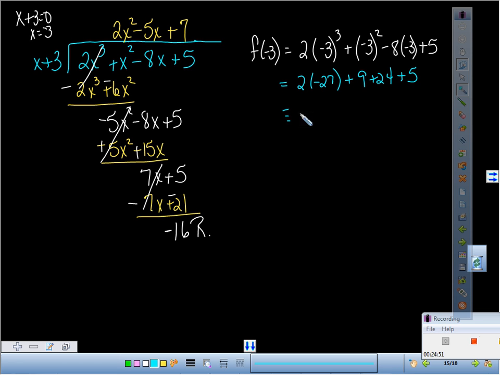Let's see. 2 times negative 27 is negative 54. Is that right? And then there's 29. And 29 and 9 make 38. Let's see. What's a negative 54 and a positive 38? Negative 16. Huh. Same thing we got over there.